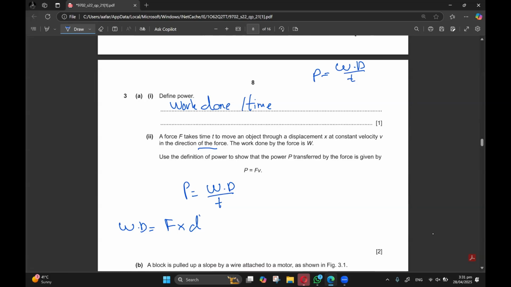So you get P is equal to F into d over time. Now if you separate F, you get F into d over t. Now this is displacement over time, but we call it x. It is the same thing. So this becomes v, v is equal to distance over time, so P is equal to Fv.